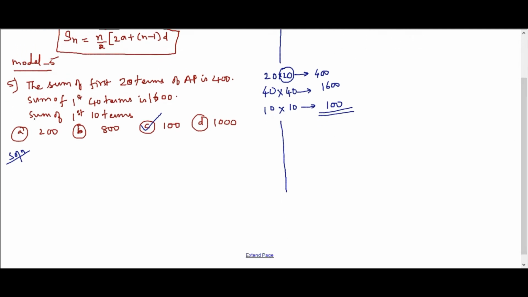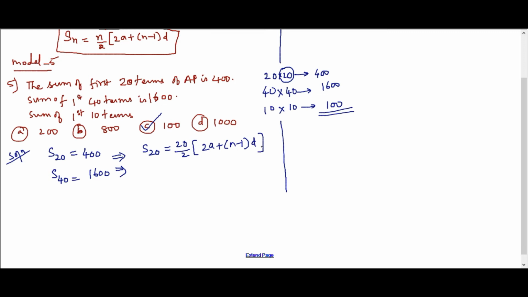Okay, let's begin. First, the sum of the first 20 terms. S20 is given as 400. S40 is also given, the first 40 terms, which is 1600. So let's rewrite this part. S20 equals 20 by 2 times 2a plus n minus 1 into d.